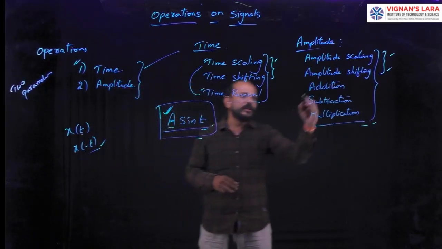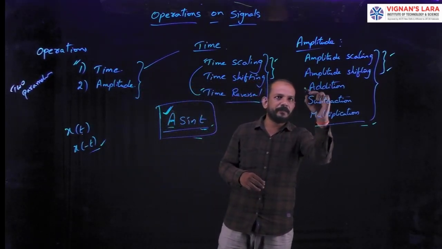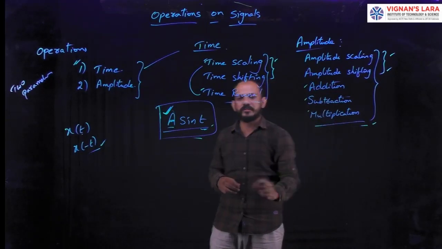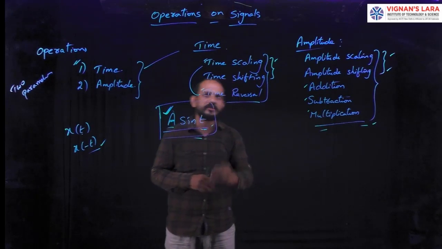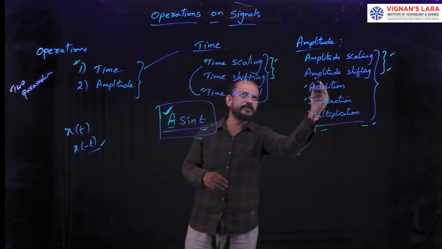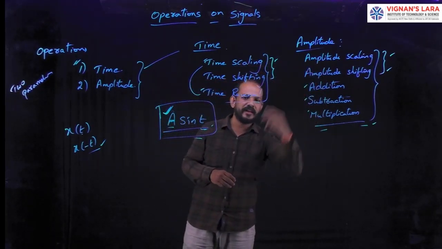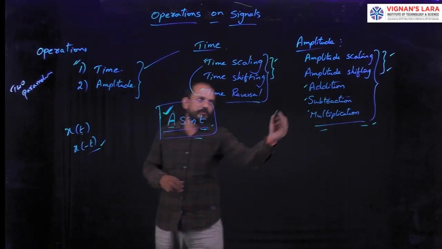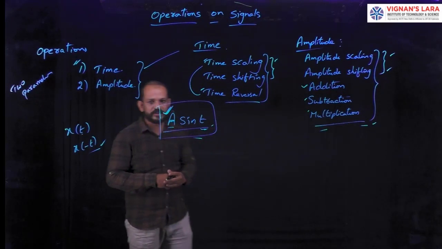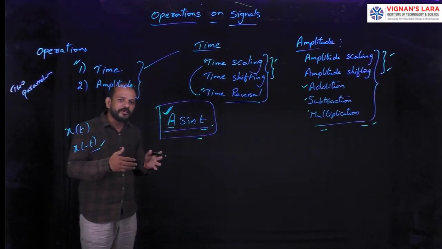So first I will explain addition, subtraction, and multiplication, and then I will go to the syllabus. There I will start with time shifting, then amplitude shifting, time scaling, and then amplitude scaling. In this way I will proceed. So first I will start with the addition operation on signals.